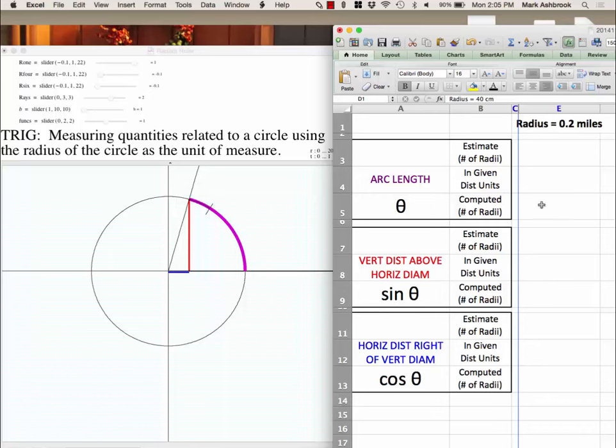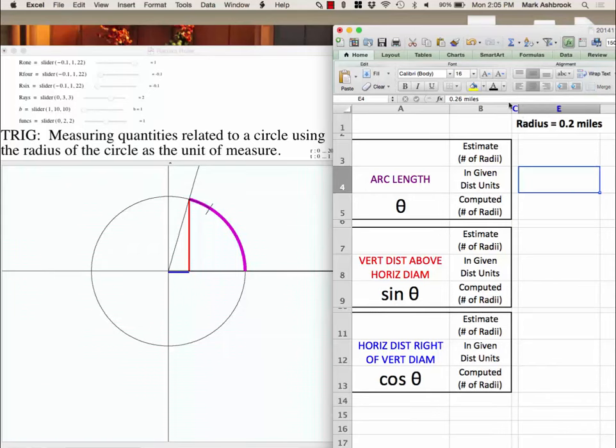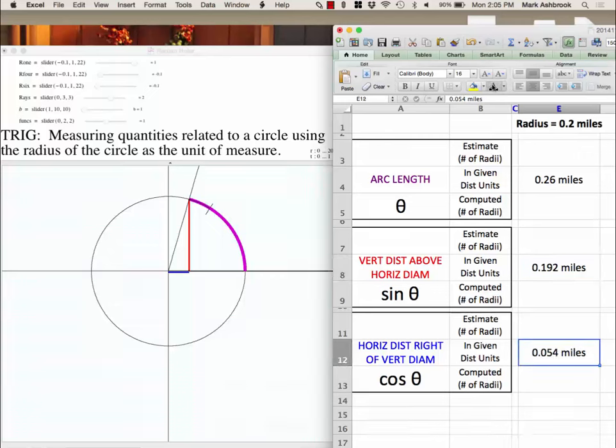Okay, so I will tell you that this is 0.26 miles. That red length is 0.192 miles. And the blue length is 0.054 miles. So what I want you to do is estimate the angle theta and compute it.